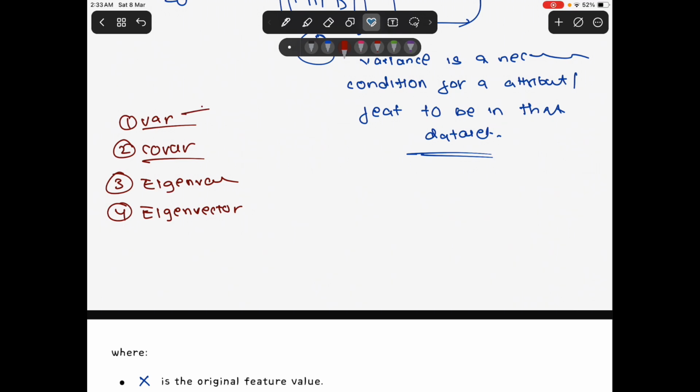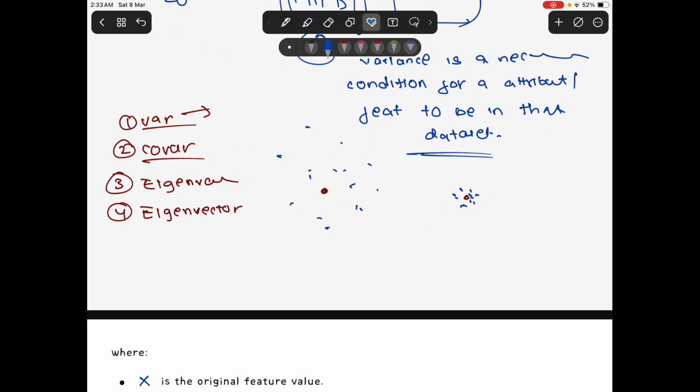Variance is how much the data points are spread from the mean. Let's take an example: if this is the mean, and our data points are like this. In this case our data points are like this.